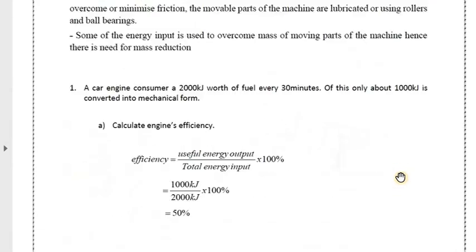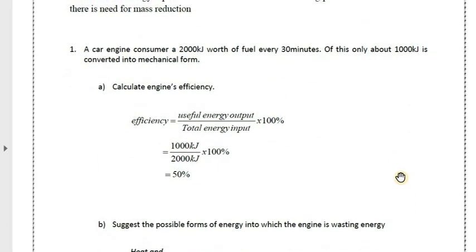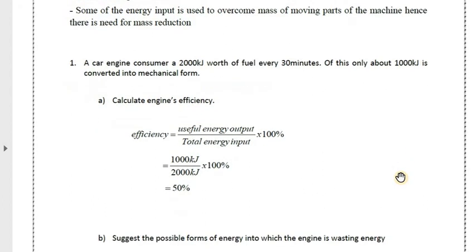When you read through this concept of efficiency, just observe number 1: a car engine consumes 2,000 kilojoules worth of fuel every 30 minutes. Of this, only 1,000 kilojoules is converted into mechanical form, which is the actual movement of the car engine, or good use of the energy.